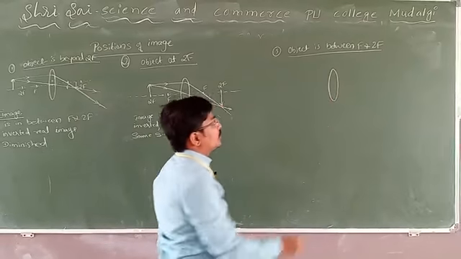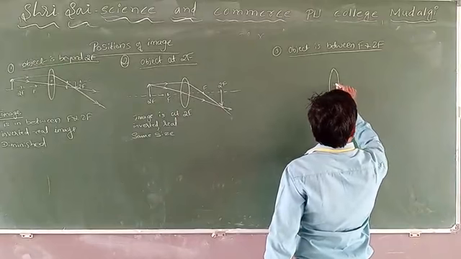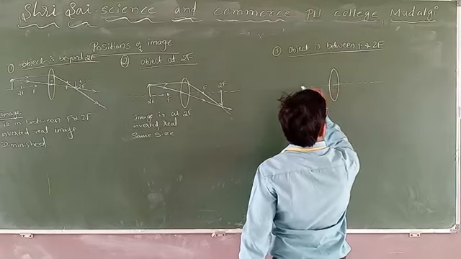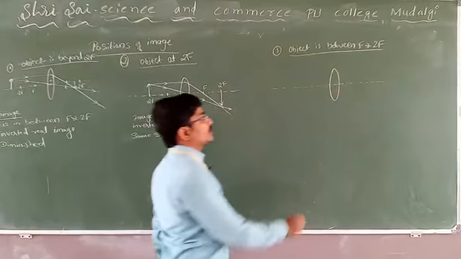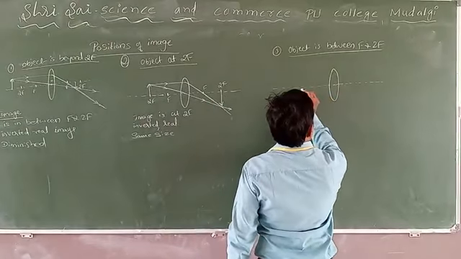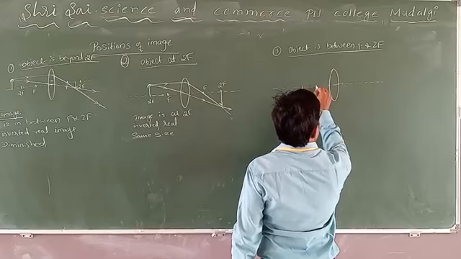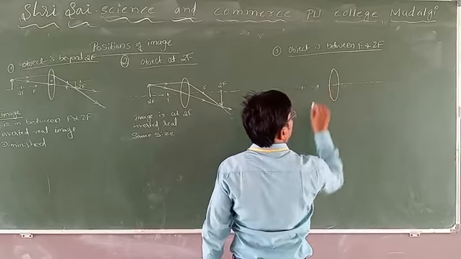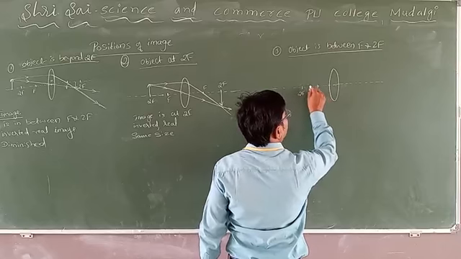Again, consider a convex lens. This is the principal axis. Remember, it is the principal axis. f and f here.